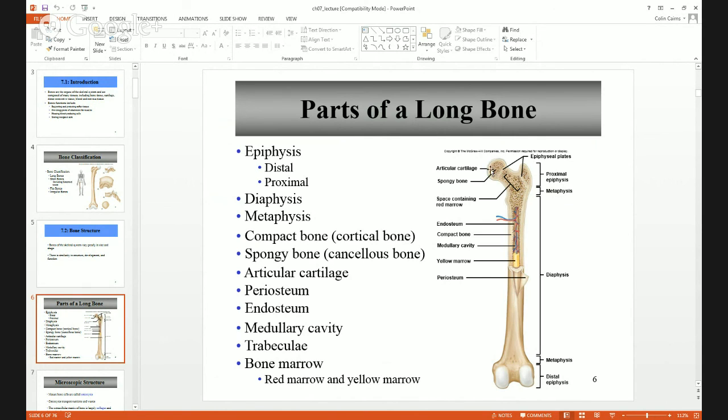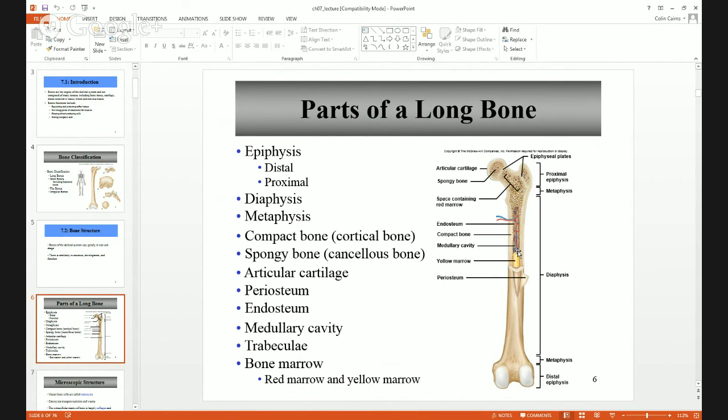There's articular cartilage covering the bone ends. There's a periosteum underneath that cartilage, and that's the outermost layer of the bone. The endosteum lines the inner portion of the compact bone.